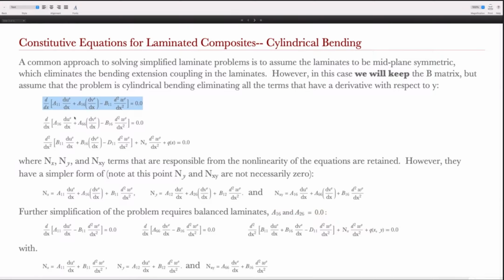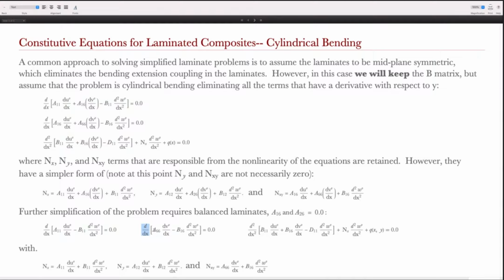So these three equations, 1, 2, and 3, are going to reduce to these three equations, all three in one line. The first equation says the derivative of A with respect to x of this entire term must be equal to 0.